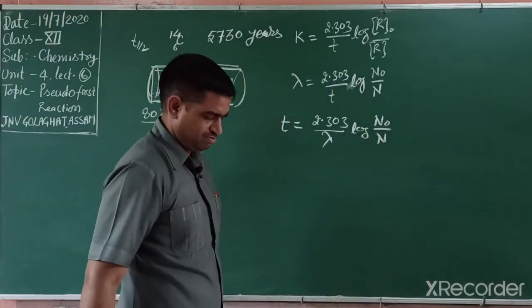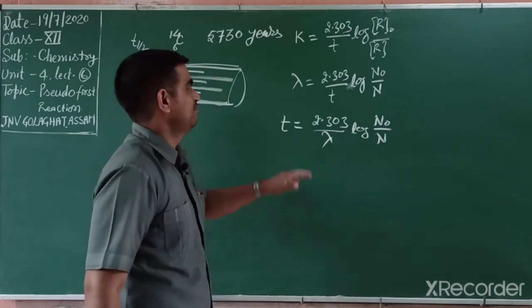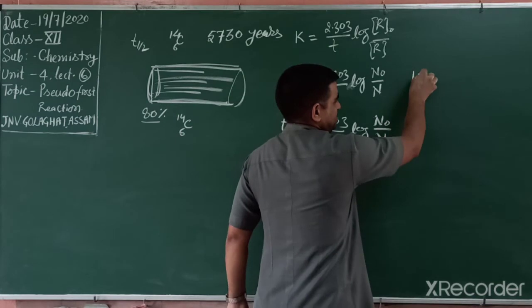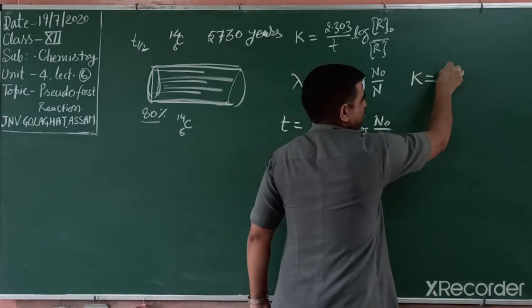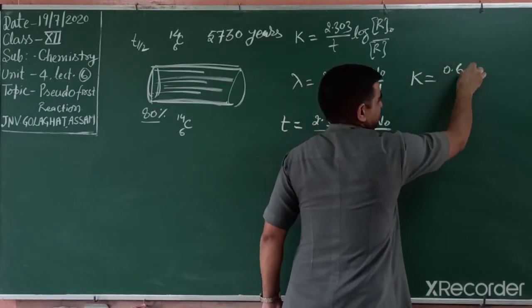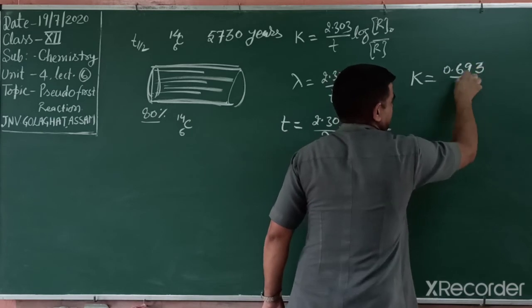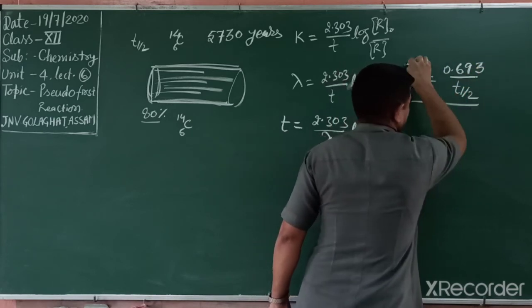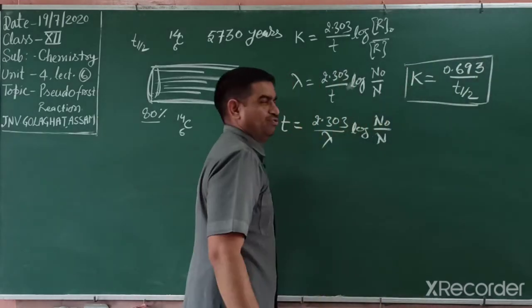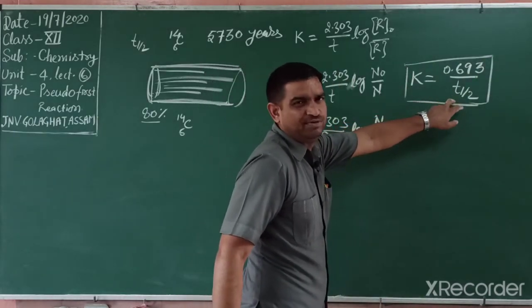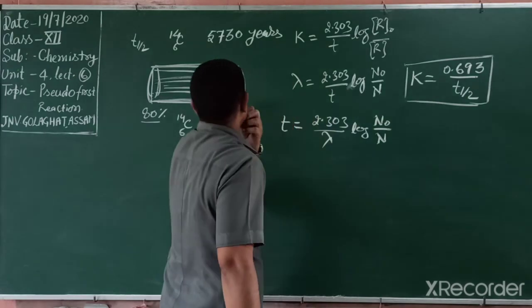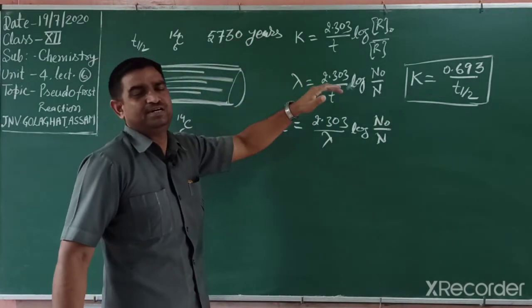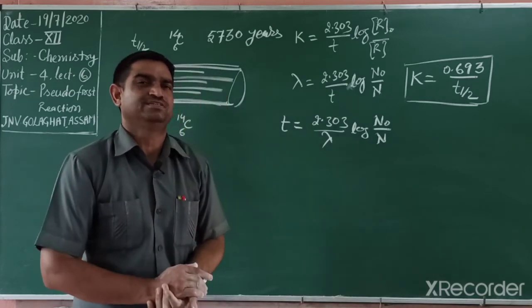We know the other formula relating half-life and first order: k is equal to 0.693 by t half. We already know this formula also. So t half is given, meaning the half-life of the reaction is 5,730 years, after which the remaining concentration is half.